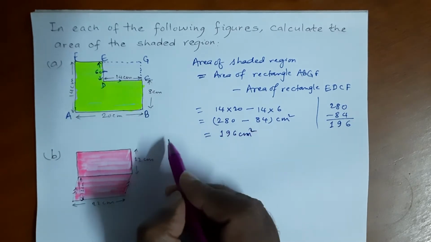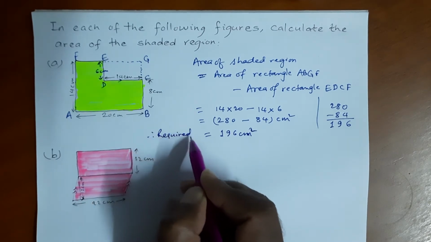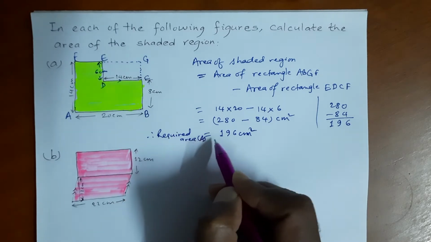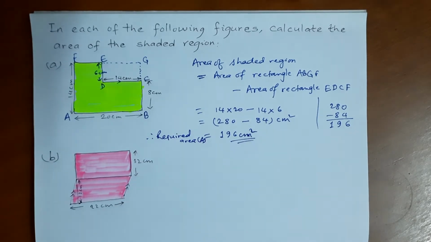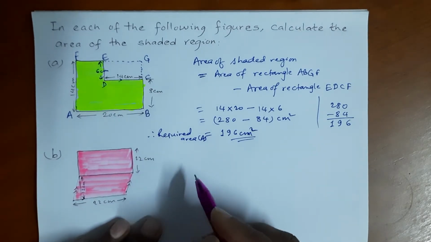It is the required area of the shaded part. So our required area is 196 cm square. In this way we can easily find the area of the shaded region. Now let's move to the next question.